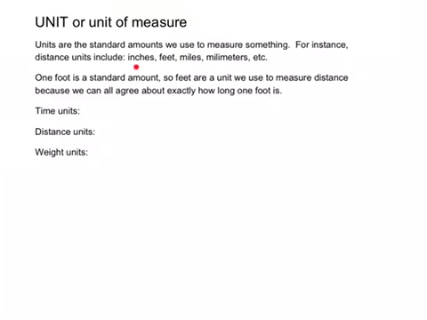If I was 3 inches tall, 3 feet tall, 3 miles tall, or if I said I'm 1 arm length tall or 10 arm lengths tall, because people have different arm lengths, those units would not be very standard. So they wouldn't be equal in different contexts. So units are standard amounts used to measure things.